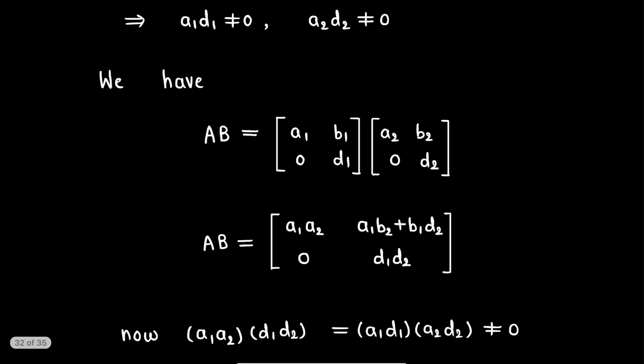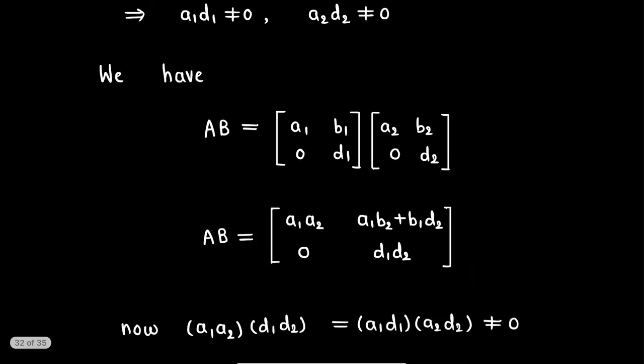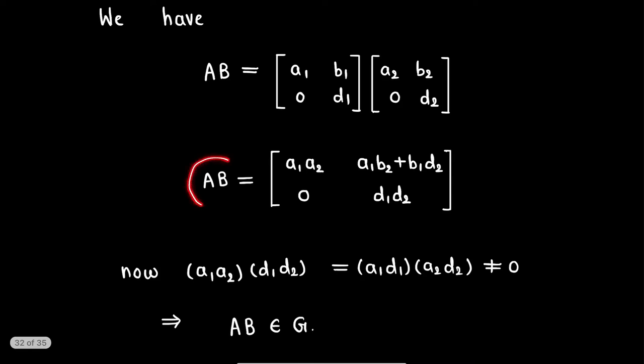Further, the product of matrices AB will be a matrix of this form. Now, observe that AB is again an upper triangular matrix. Now, the product of the diagonal entries, that is a1 a2 and d1 d2, is equal to a1 d1 multiplied by a2 d2.